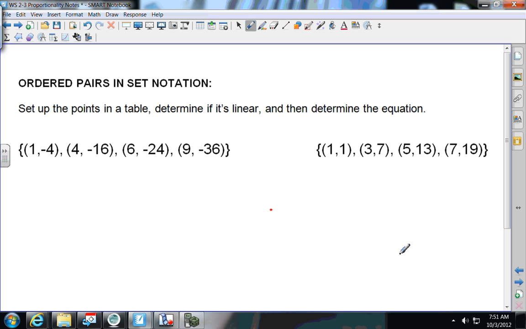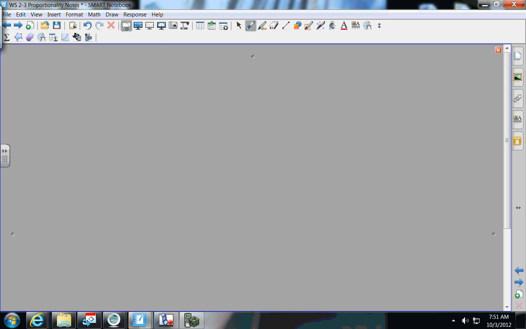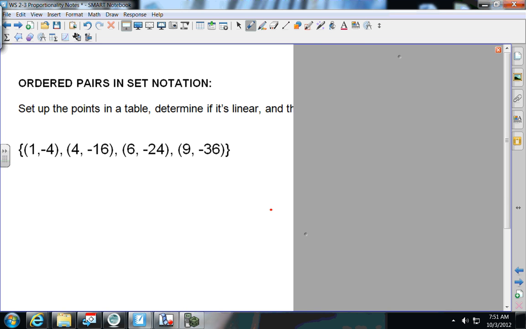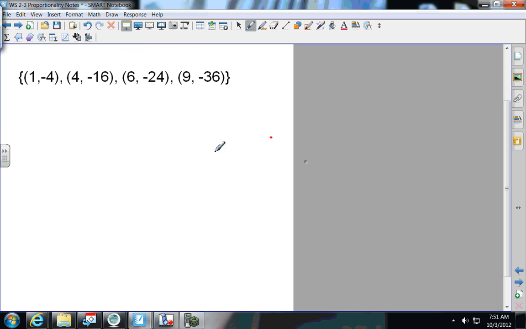Okay, on these, just like we did in the beginning, when they give us ordered pairs like this, we need to go through and make a table. Let me move this down a little bit. I'm going to make my table and put my points in there.